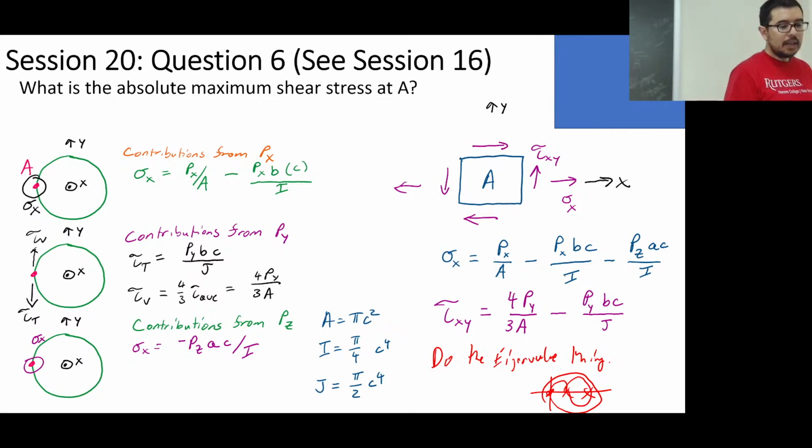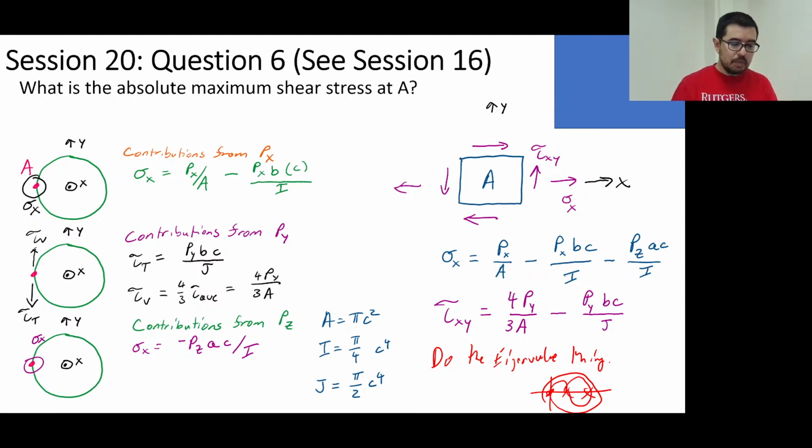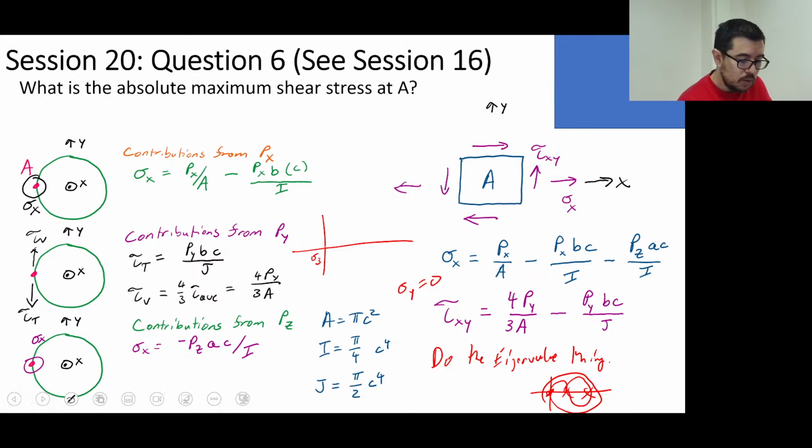In this case, you've got this weird predicament where you've already got something that's going to give you 0 here. So sigma 3 we already know is here. And what is sigma y in this case? Sigma y is also equal to 0. So that's going to put 2 points there.